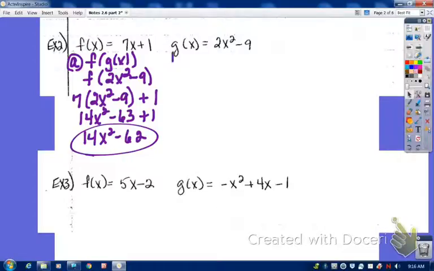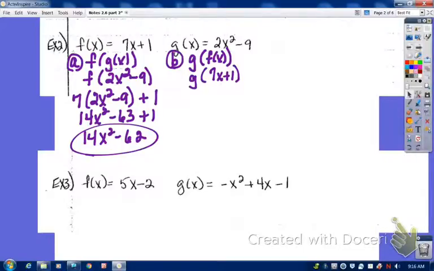All right, we're going to swap that around and we're going to do g composite f, which is really g parentheses f of x close parentheses, which is really g of what? 7x plus 1.